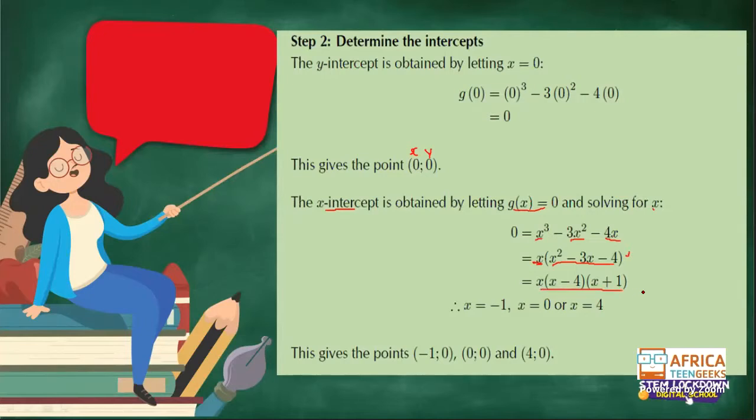But in other cases, you might have to use your quadratic formula. Okay, so then you show that your x equals -1 or 4, and don't forget to show that x is equal to 0.